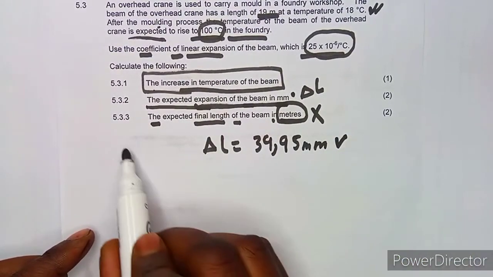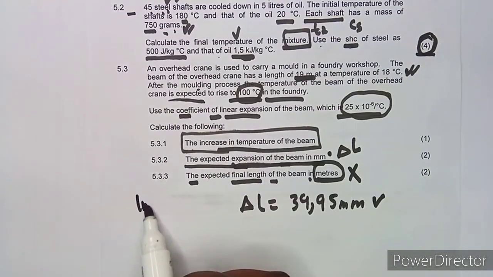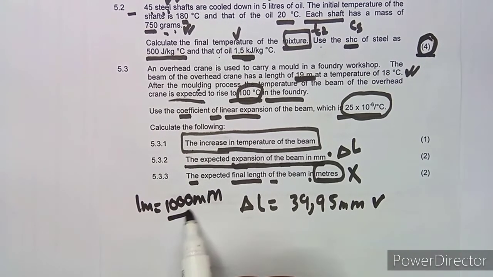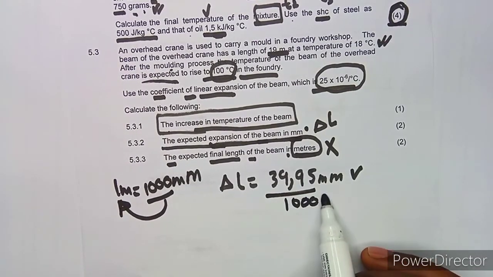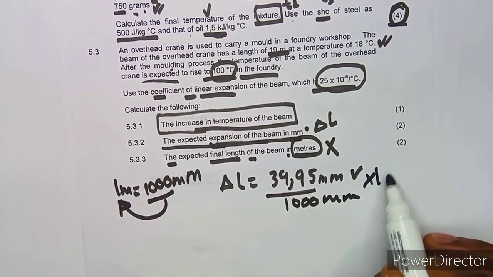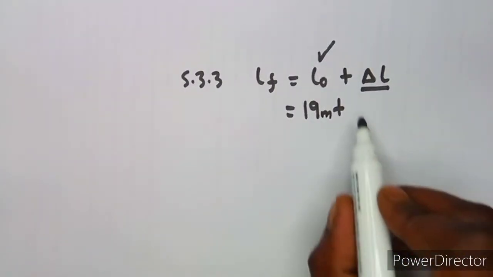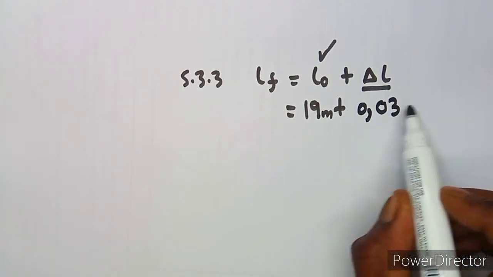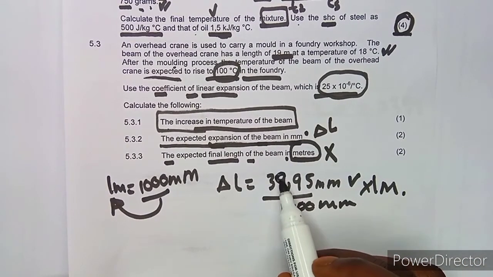How do we convert? Remember we said in a meter, we have got 1000 millimeters. So to go back to meters, we have to divide this by 1000 so that it will be in meters. So dividing this by 1000, we are going to obtain 0.03995. That was 38, not 39.